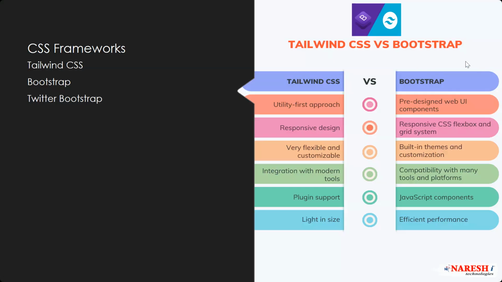So in CSS, what are the concepts you need to know? CSS basics, CSS animations, CSS advanced options, selectors, complex selectors, CSS frameworks, CSS architectures, and CSS related preprocessors. These are all the important things you need to know about CSS. I hope everyone understood.